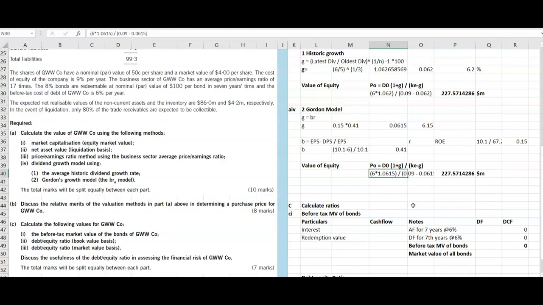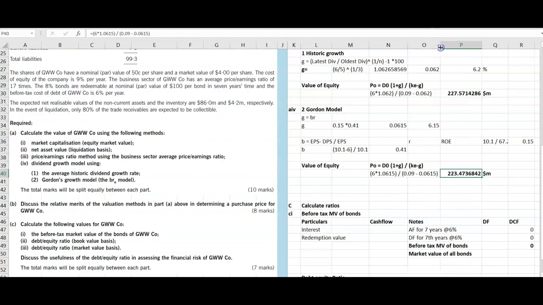So we'll get the answer now. So the answer comes to 223.4. So that's about the answer. We got it in millions, and so that's about this answer.